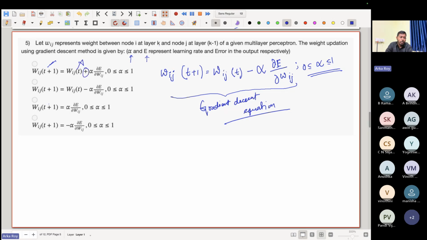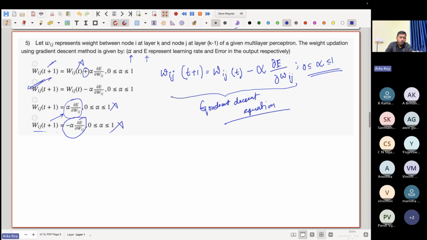Then you can see that in another option Wt plus 1 is basically only the gradient part, and that is also incorrect because you need to incorporate the previous value as well. In the last option as well, they are again not incorporating the previous value, so this is also an incomplete equation.